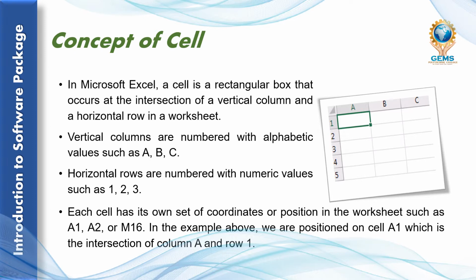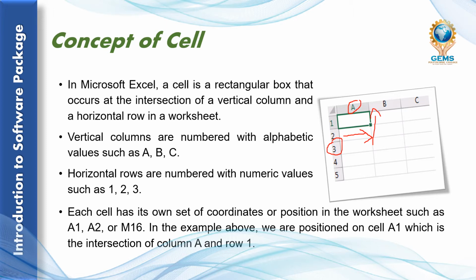So you can see here this is the row side and this is the column. Here A is a vertical column labeled with an alphabetic value such as A, B, C. Here 1, 2, 3 are horizontal rows that are numbered with numerical values.